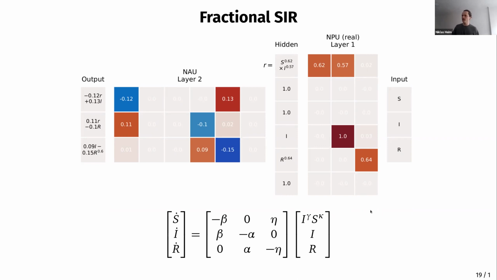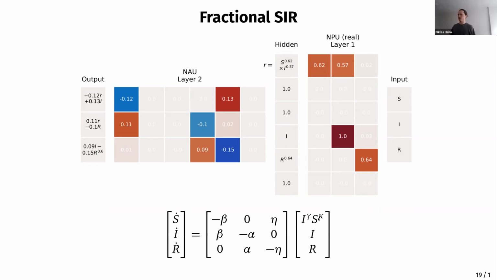And what you can see if we train this to ingest S, I, and R and output the derivatives and sparsify is that this NPU layer learns a product of S and I. These are the two weight matrices that form a fraction like S to the power of 0.62 and I to the power of 0.57, and then form a product of those.